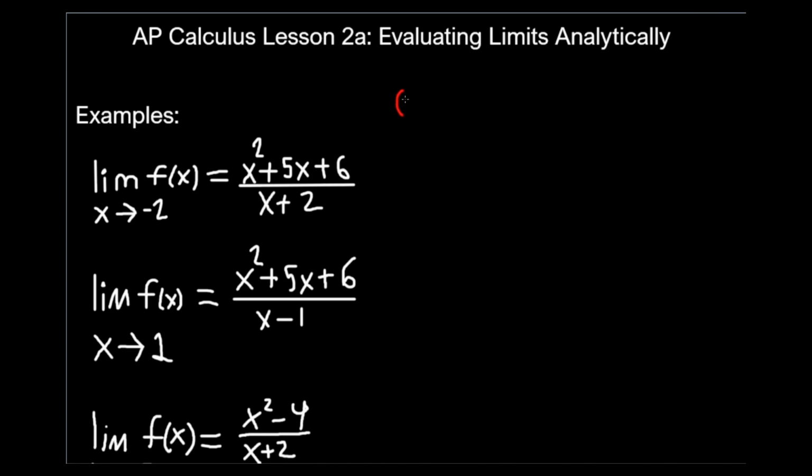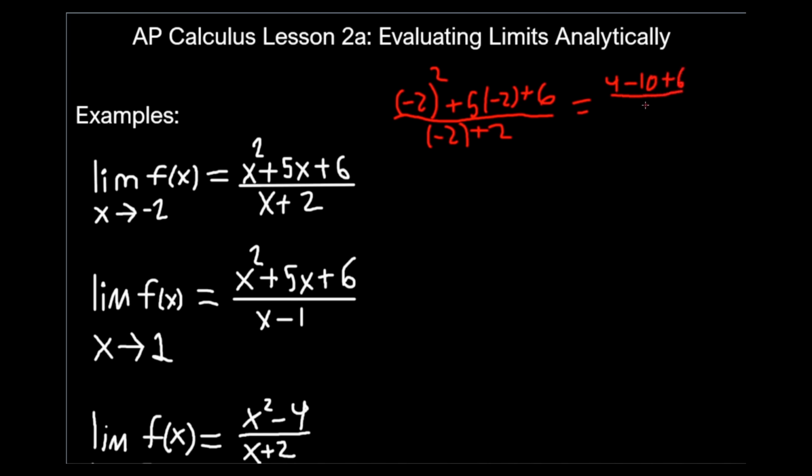So I'm going to do this up here real quick: -2 squared plus 5 times -2 plus 6, over -2 plus 2. Okay. And then this gives us 4 minus 10 plus 6 over 0, which is basically 10 minus 10, giving us our 0 over 0.